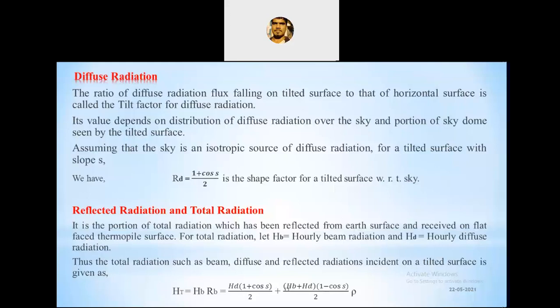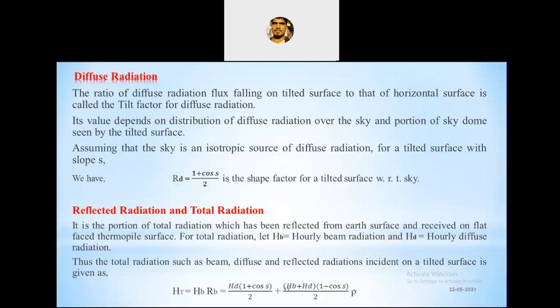So this rho value, the diffuse reflectance, is suggested by Liu and Jordan, which is as follows. Rho is 0.2 when there is no snow, and rho is 0.7 when there is snow cover.